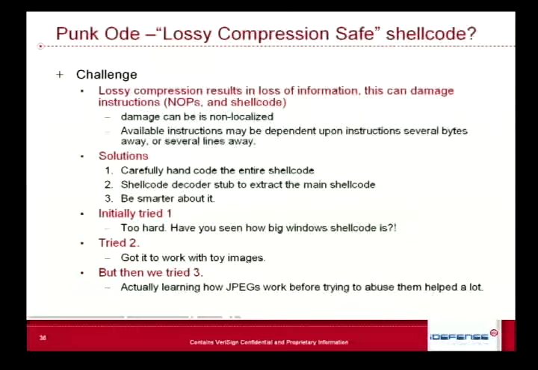That's a technique which is used by a lot of other encoding methods, and I got that to work with some toy images. But if you change the stuff too much, it breaks again. You needed to have a lot of clear area around it. But then I tried to be a little bit smarter about it. Actually learning how JPEGs work before trying to abuse them helped a lot.